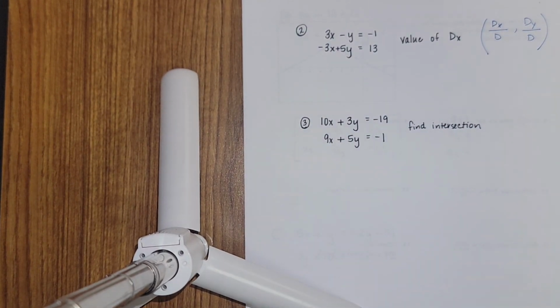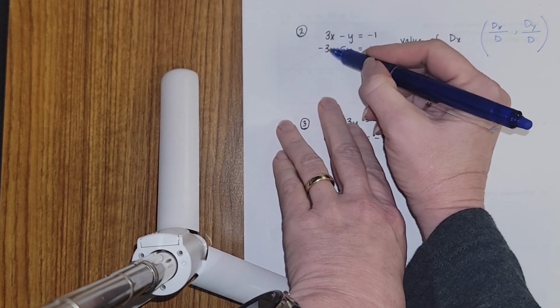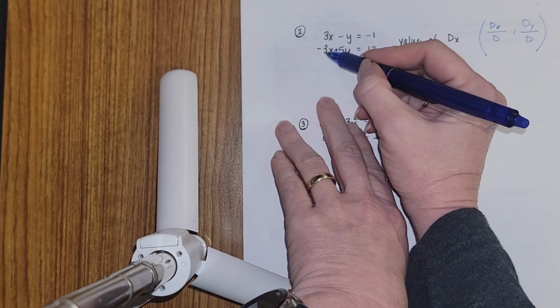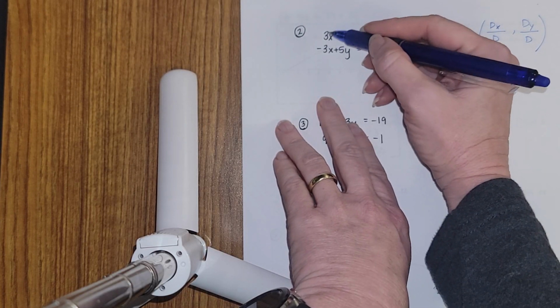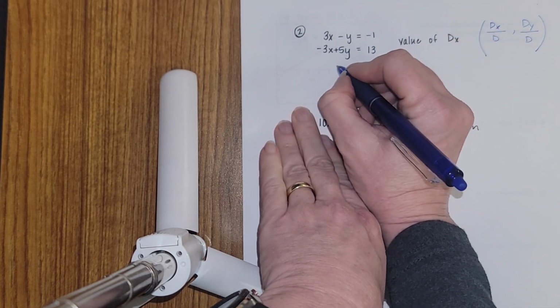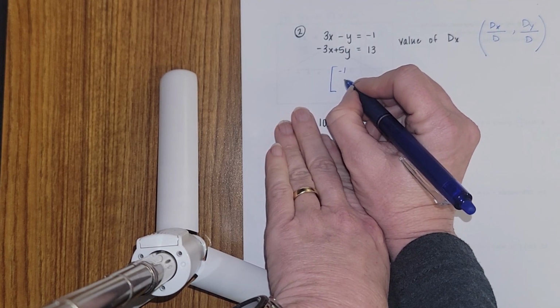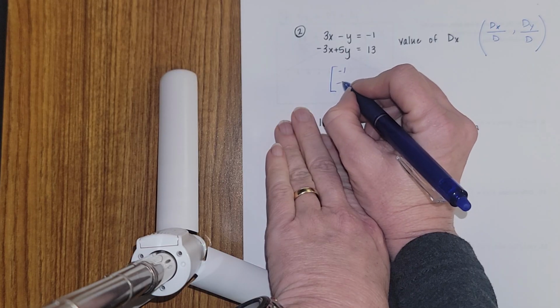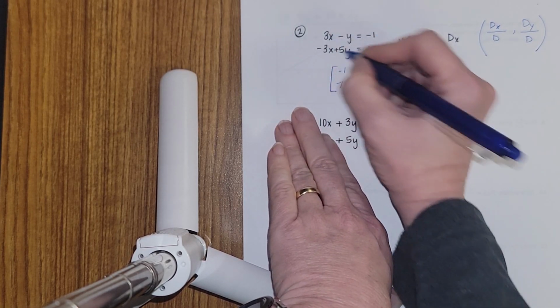That's a determinant, and the way we get the determinant of x is, see, my coefficients would be 3, -3, -1, 5. But when they're asking for the determinant of x, I replace the x coefficients with the solutions. So my dx would be -13, -13 and then still -1, 5. So I took out the 3 and -3.